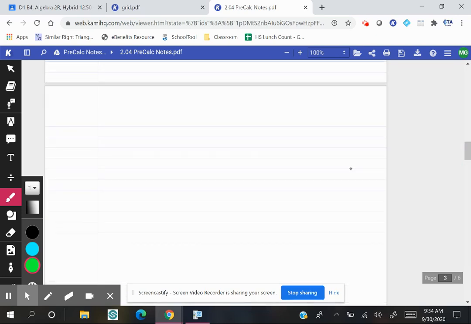Okay, number 3. Actually, before number 3, refresher of remainder theorem. So remainder theorem is a quick way for us to figure out if something is a factor and if it has a remainder and what that remainder is.